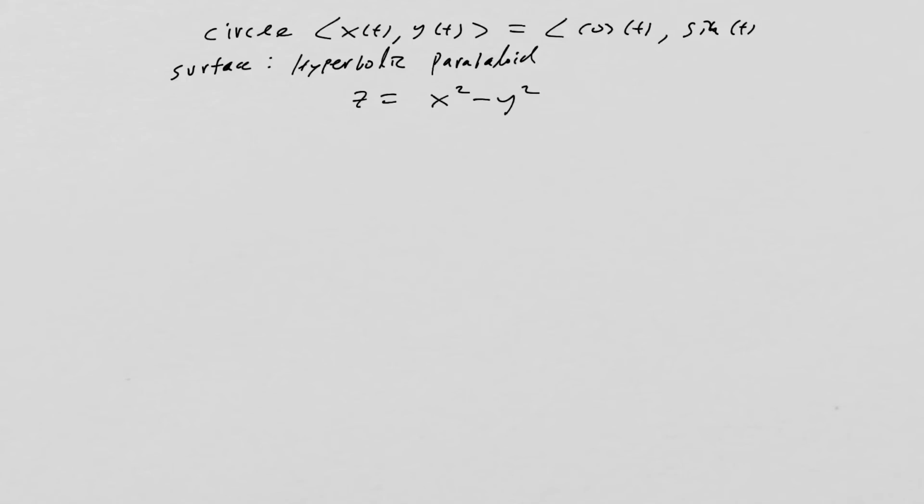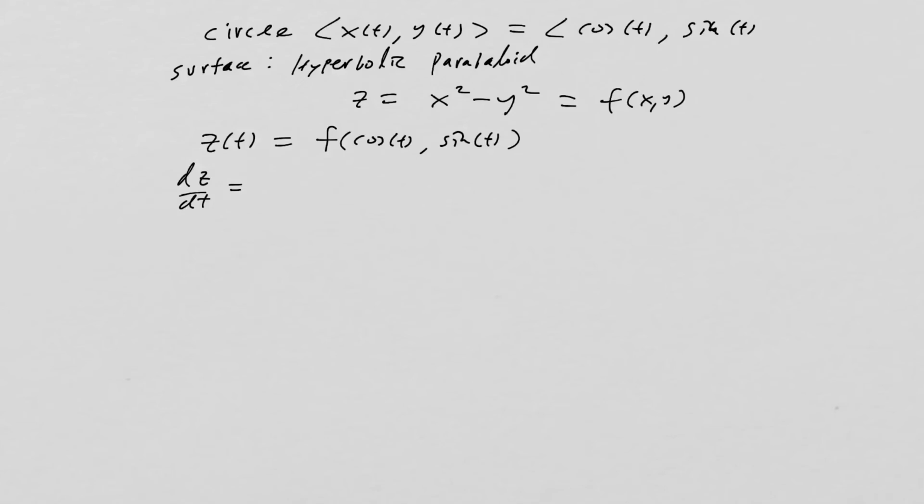That's a particular hyperbolic paraboloid, and that's going to be my f of x comma y. So of course we have z of t is equal to f of cosine of t, sine of t. And I want to compute what dz/dt is. I want to know its rate of ascent.